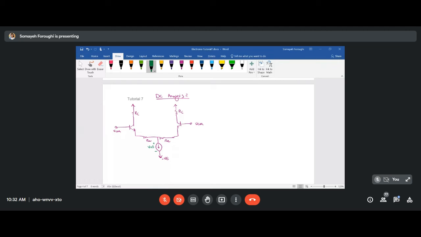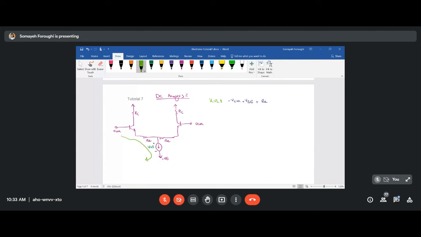So simply, guys, for finding that VCM in DC analysis, I will just do a KVL in this loop. Then I will have a negative VCM plus a base emitter voltage plus RE. And listen, what is the current passing through that RE in the loop?